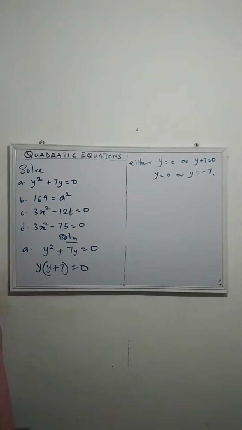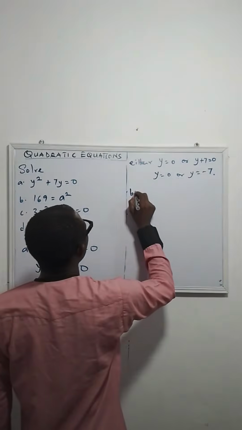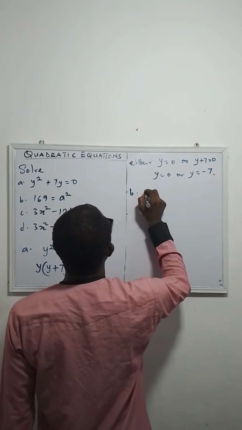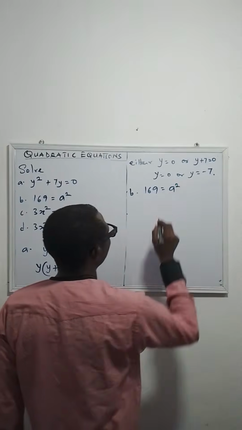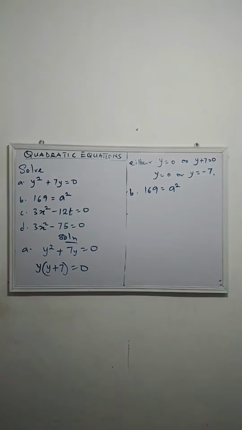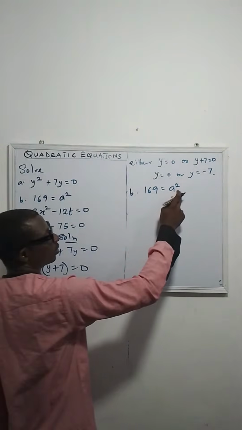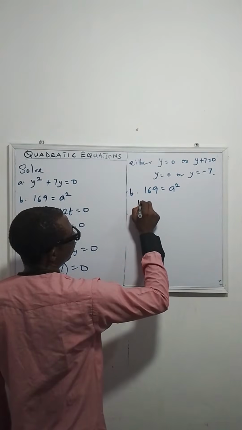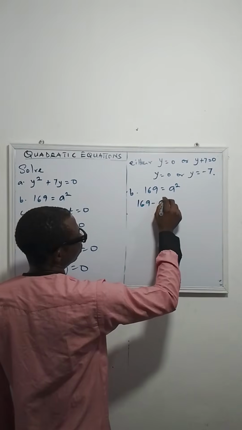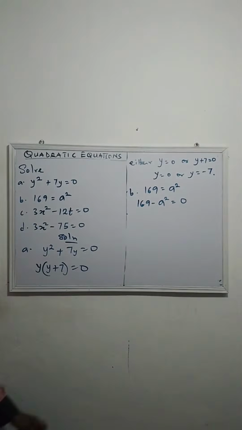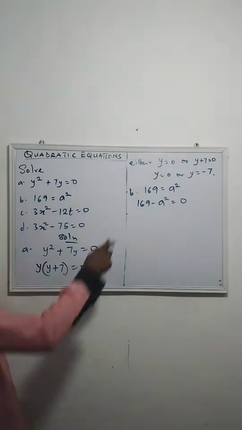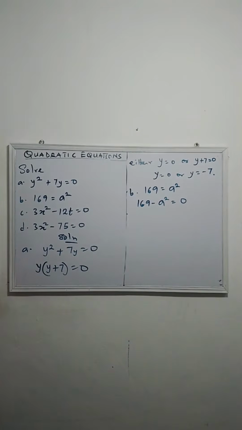Now let's look at the second one, B. We have 169 equals a squared. Okay. So now what do we do? Let's subtract a squared from both sides. We have 169 minus a squared equals 0. Don't forget, 169 is also a perfect square, and that is 13 squared.